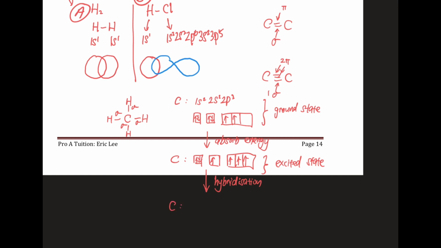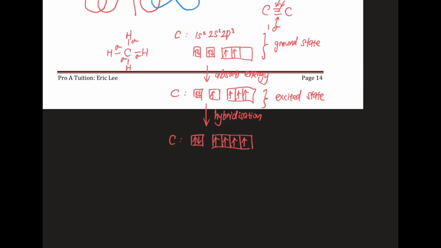Let me draw it out. The 1s2 remains, but the 2s and the 2p orbitals are going to mix together like this. So this is where the orbitals hybridize.